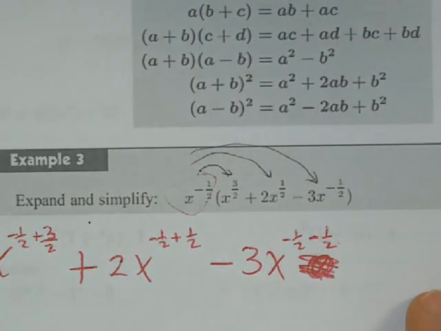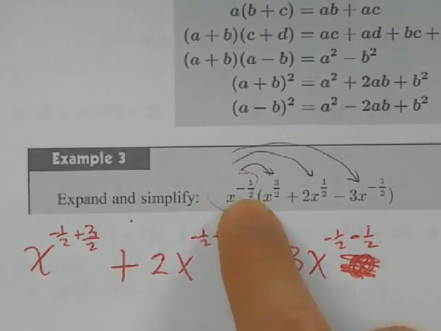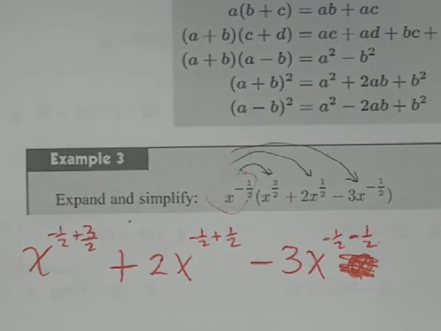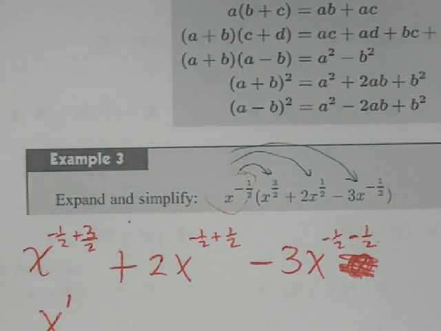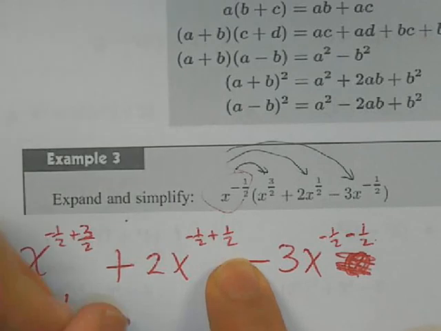Okay. So when you multiply x to this power times x to that power, we add the powers using the laws that we just talked about a little bit ago. So negative 1/2 plus 3/2 is going to give me x to the power of 1. X to the negative 1/2 plus x to the 1/2 is going to give me x to the 0 power.